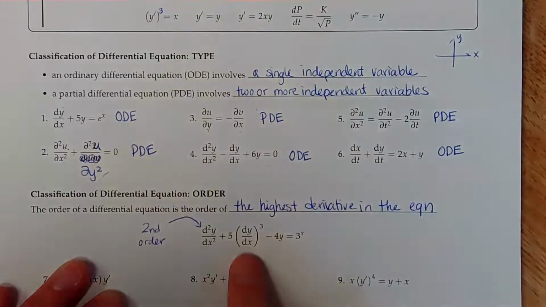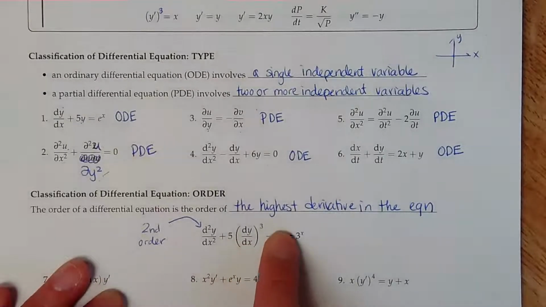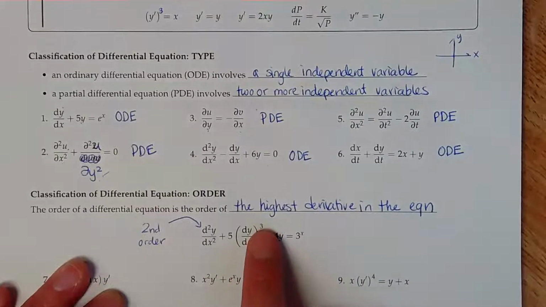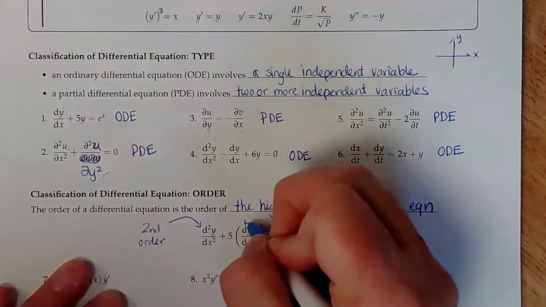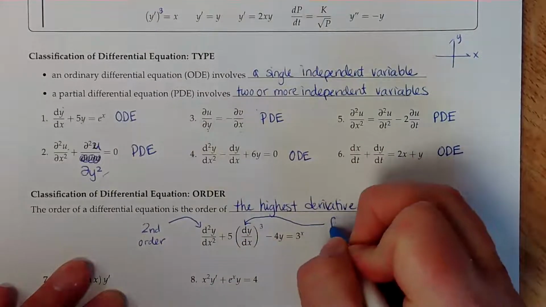Then let's take a look at this piece here. This is the derivative of y with respect to x, and this is the first derivative cubed. So don't be fooled by this 3 that we're raising this to on the outside. This is still just the first derivative. So this is first order here.